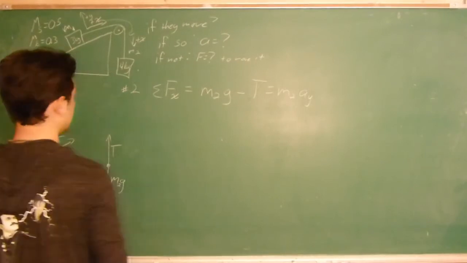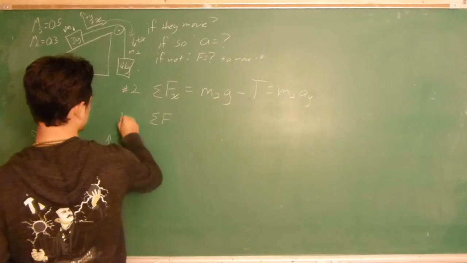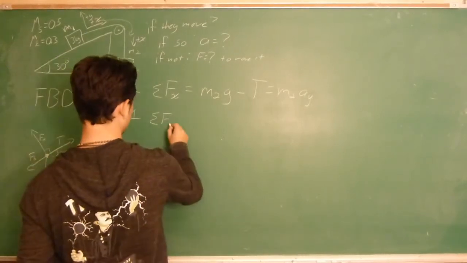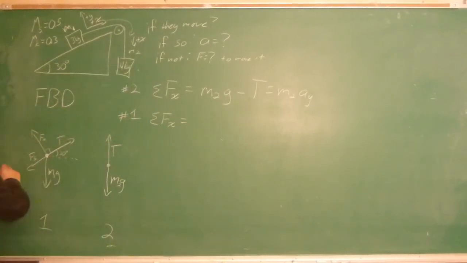Okay, well that one wasn't as painful. Let's take a look at our sum of forces for object number 1 in the x direction. Okay, well in the x direction for this guy, plus x is that way, right? Well that makes that much easier, isn't it?